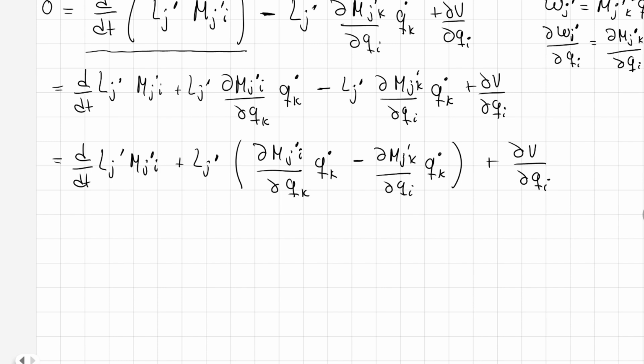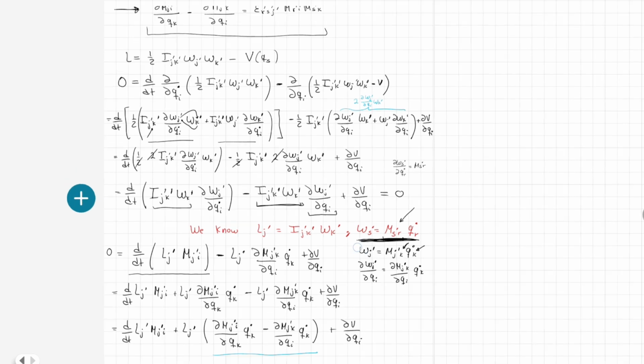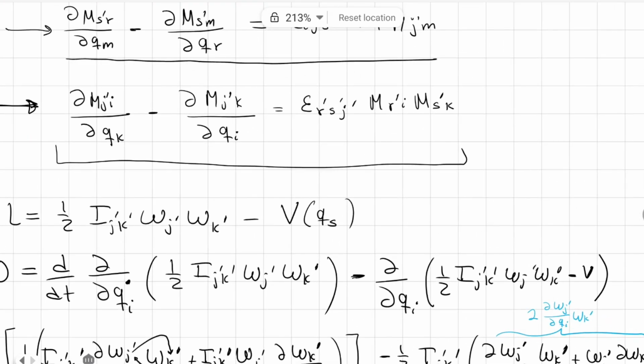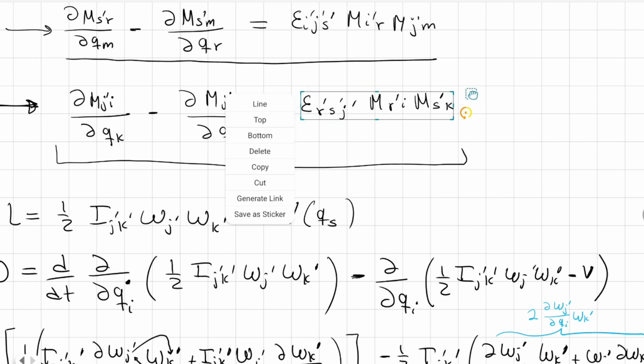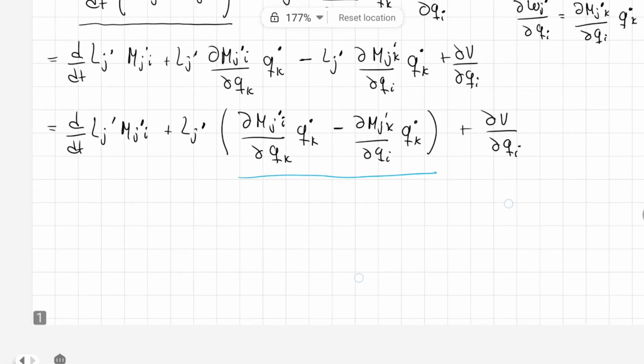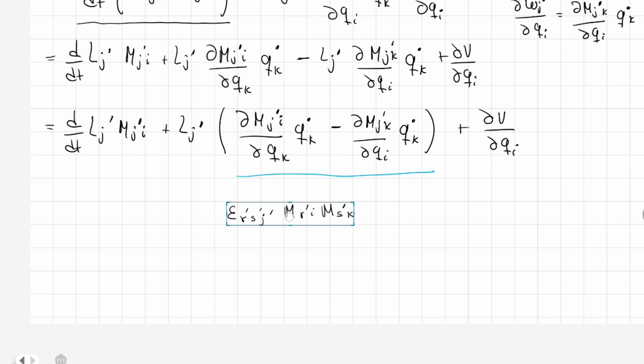Perfect. And as you can notice easily, this expression is the one that we found in the first lesson, which is this. Okay? So we are going to copy this quantity and replace it in the equation that we have here, like this.